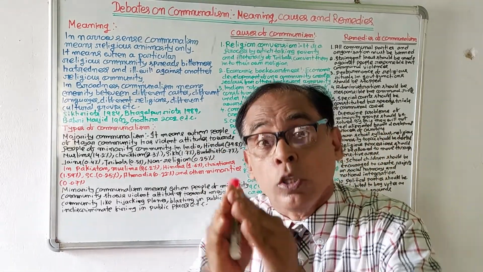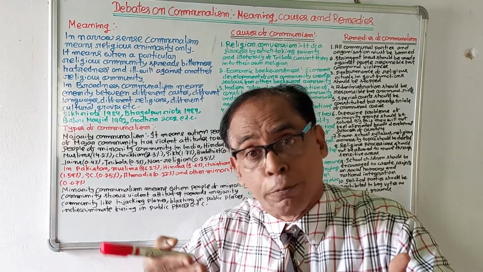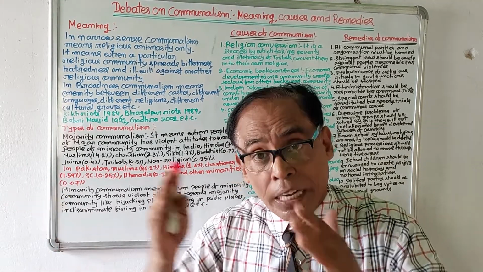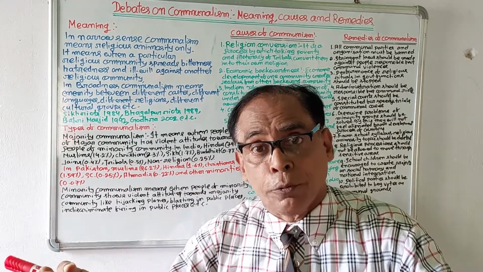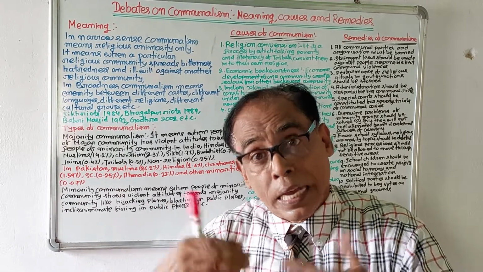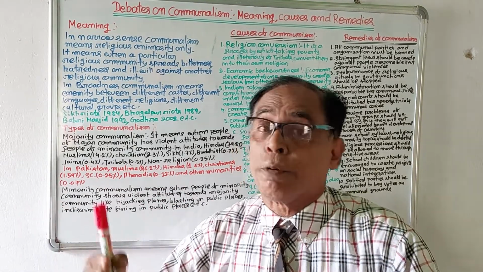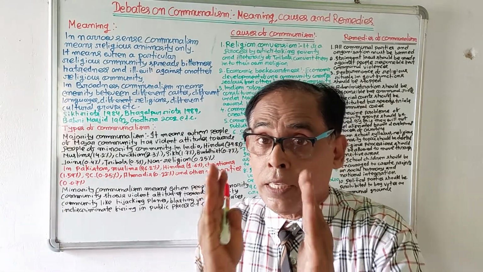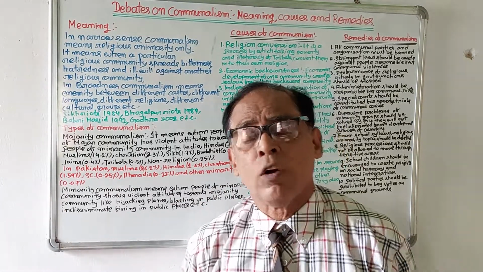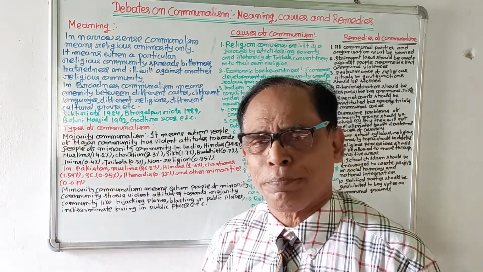So, in broad sense, communalism means enmity between different groups, different language groups, different castes, different religions, and different cultures. We are clear what is communalism in narrow sense, what is communalism in the broad sense.